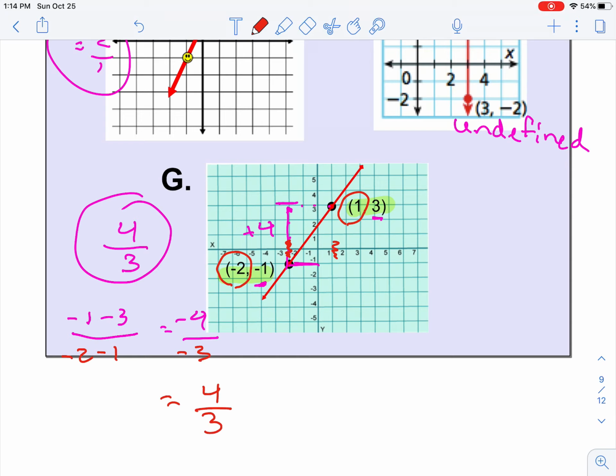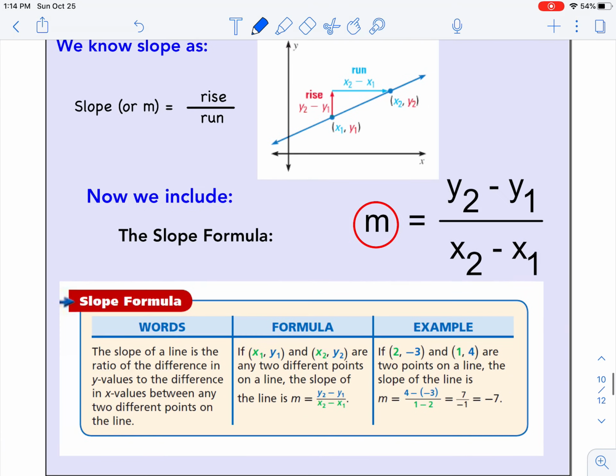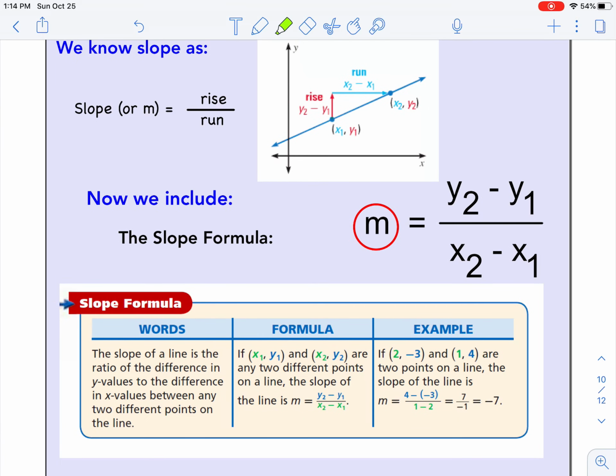So we don't actually have to have the graph. We can use the coordinates or the ordered pairs, and we can take the difference in the y's compared to the difference in the x's. The key is you always have to start with the same x or y value from that ordered pair first. So this is how we kind of look at it, is with this slope formula.